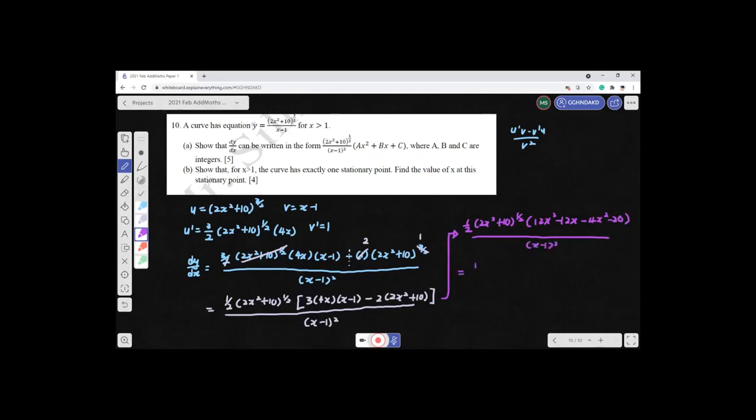So eventually, 1 over 2, (2x squared plus 10) to the power 1 over 2, simplify what is inside, I get 8x squared minus 12x minus 20. All of this can be divided by 2, so I cut and it becomes 4, 6, 10. So it will be (2x squared plus 10) to the power of 1 over 2 over (x minus 1) squared, big bracket of 4x squared minus 6x minus 10 at the back. So this is what you prove.